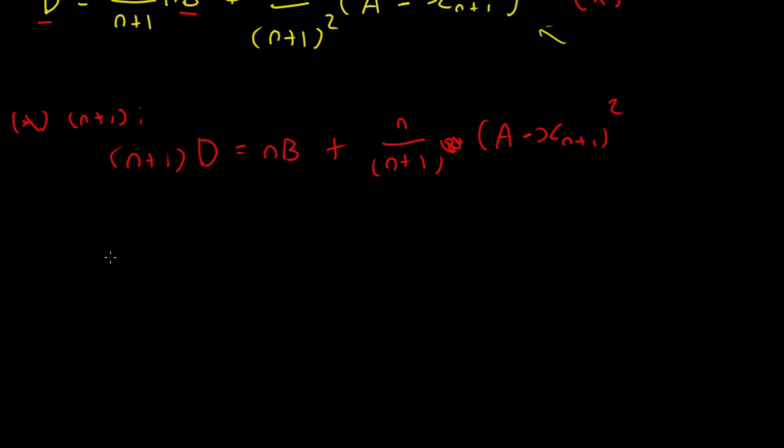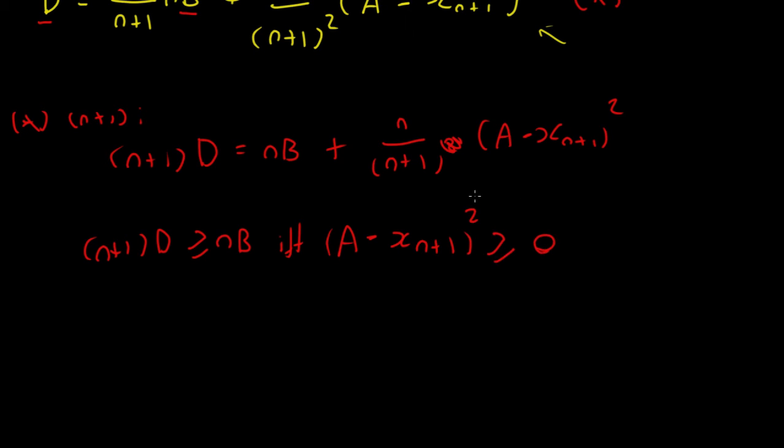So when is n plus 1 d greater than or equal to nb? Well, that's going to be greater than or equal to nb if and only if a minus x n plus 1 all squared is greater than or equal to 0.